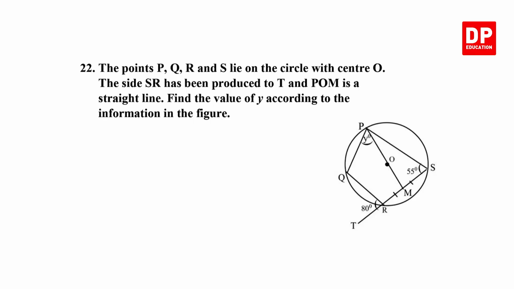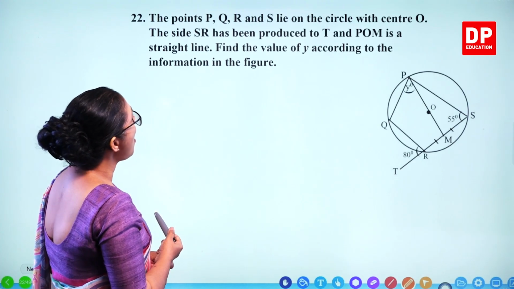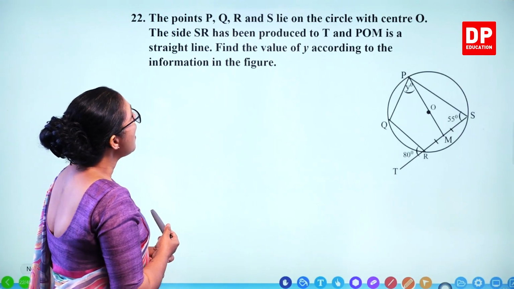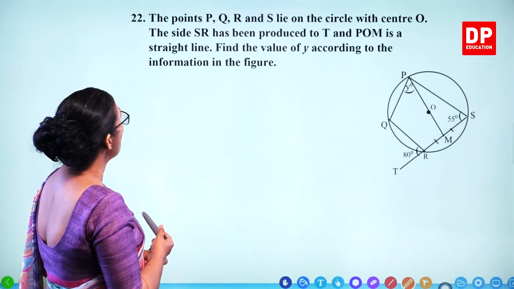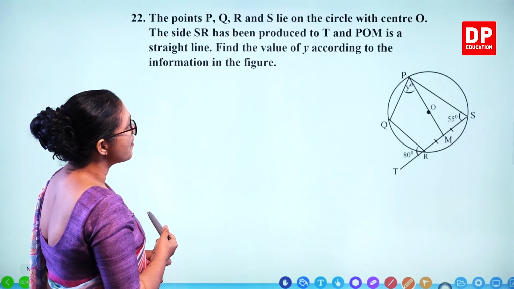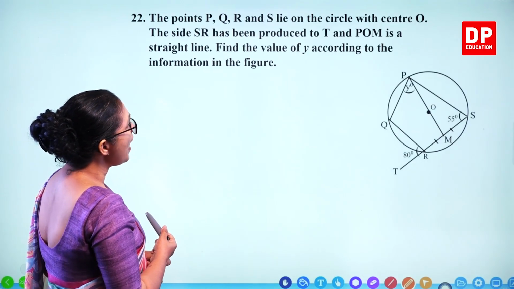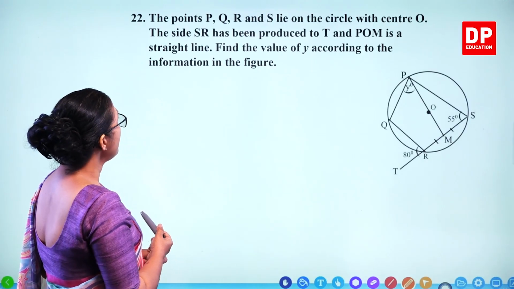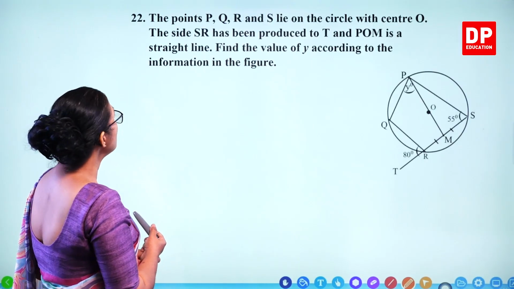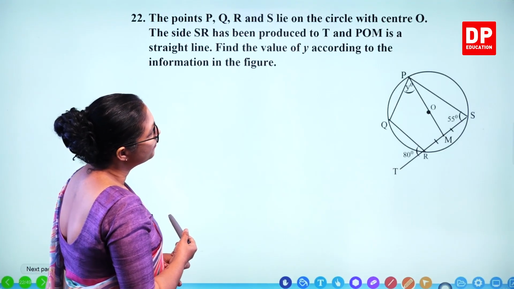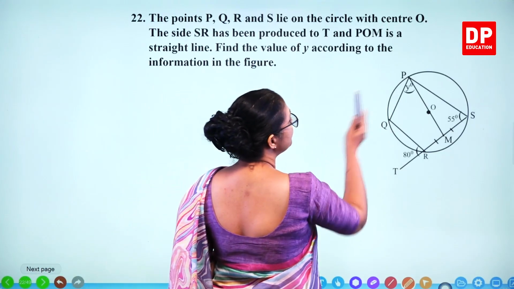Question number 22. The points P, Q, R and S lie on the circle with center O. The side SR has been produced to T and POM is a straight line. Find the value of Y according to the information in the figure.